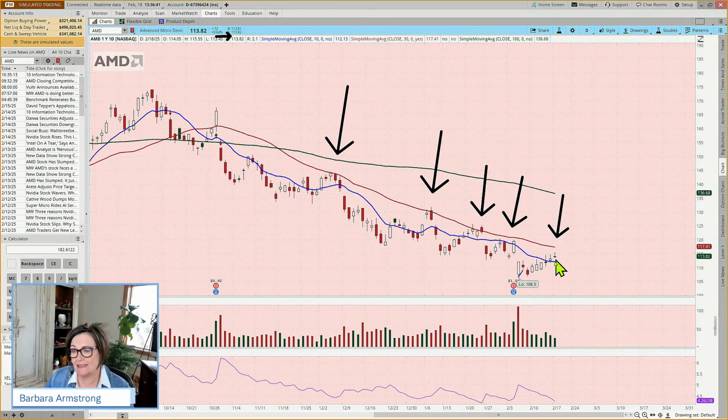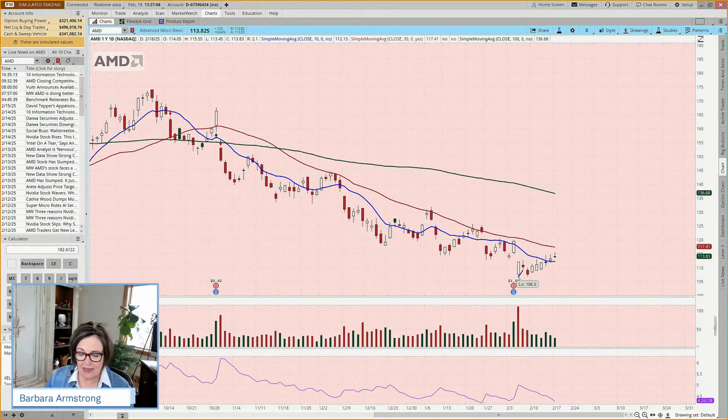But if we looked at this and said it looks like this downtrend is continuing, and we wanted to trade bearishly, where might we put a target? Well, maybe around this 106 level. Our low is 106.50. And so this would be a fairly significant move.